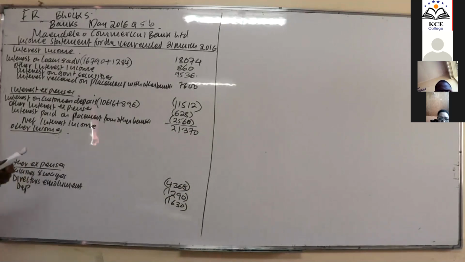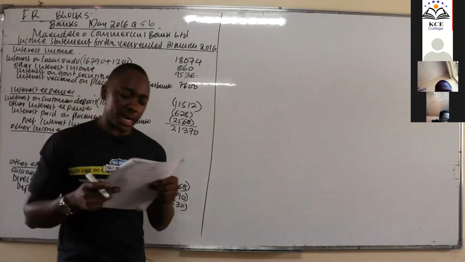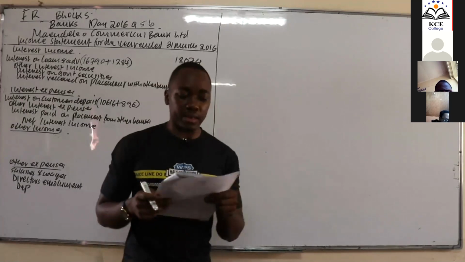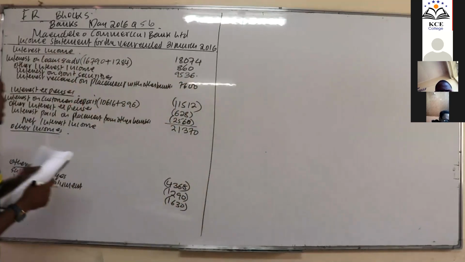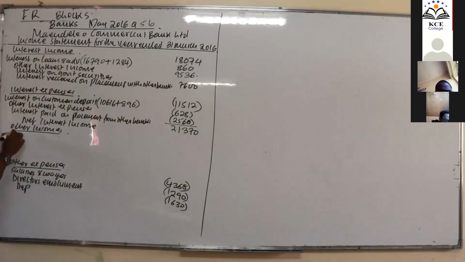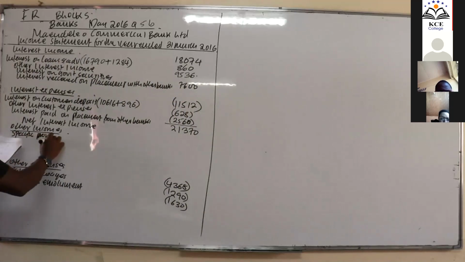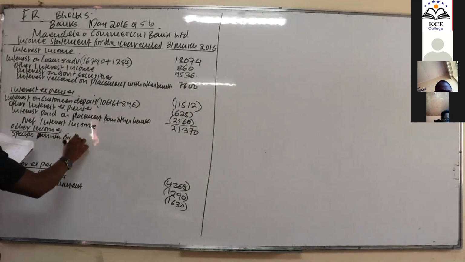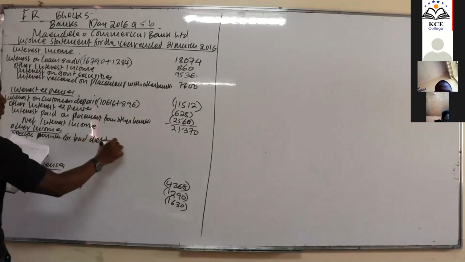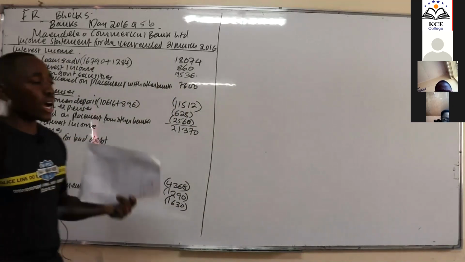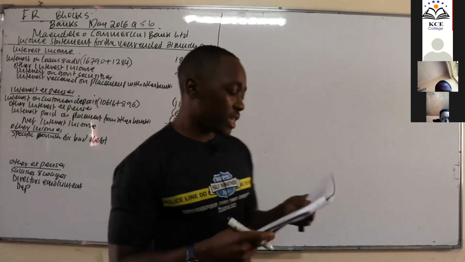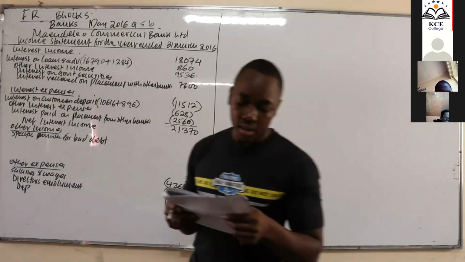Then we have specific provision for doubtful debts. Is it an income or an expense? That's an income. Specific provision for bad debt. How do you know it's an income? Can you pick any expense, for example depreciation?